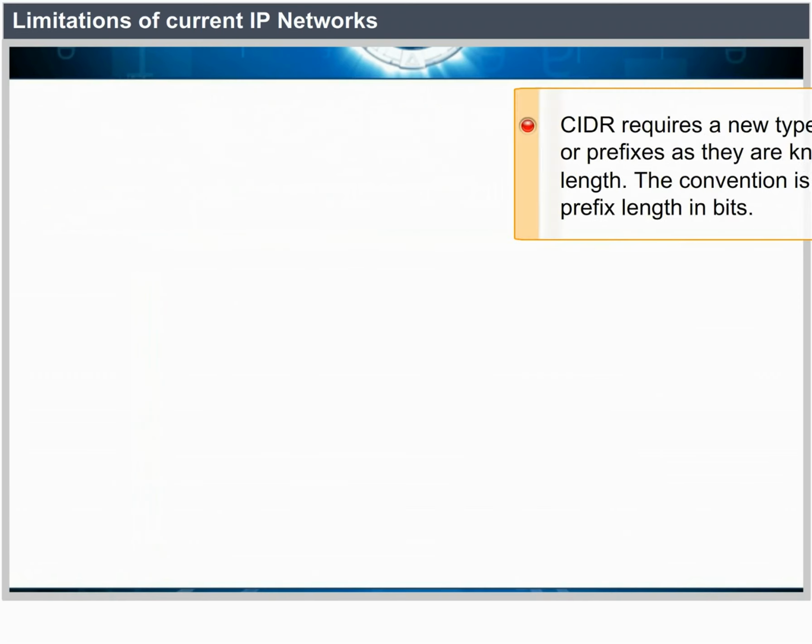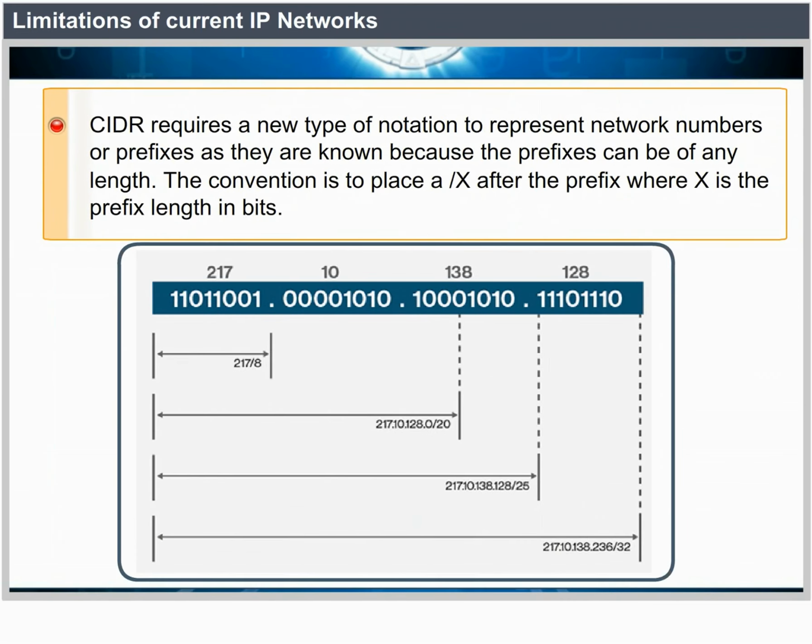CIDR requires a new type of notation to represent network numbers, or prefixes as they are known, because the prefixes can be of any length. The convention is to place a /X after the prefix, where X is the prefix length in bits.